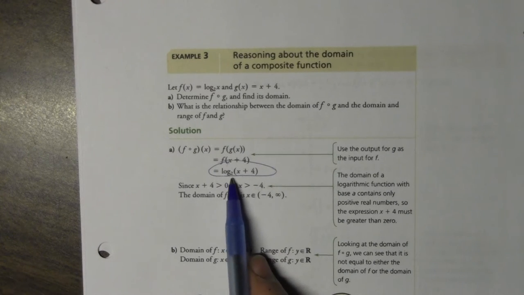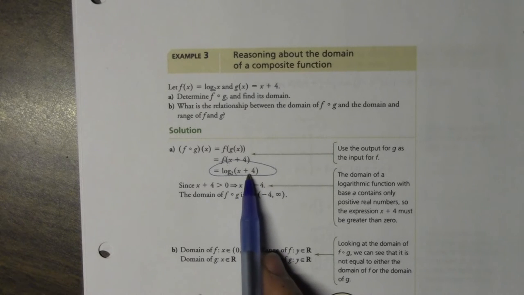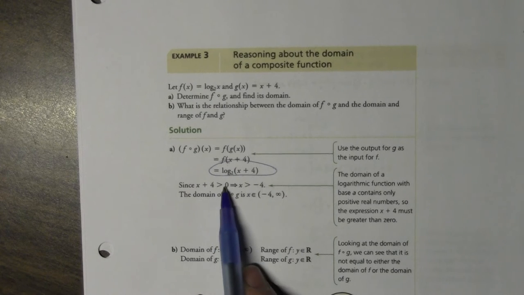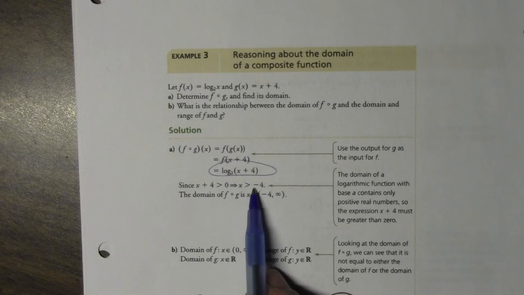You can't take the log, any base, of a negative number. We've talked about that before. It has to be positive. So therefore x plus 4 has to be greater than 0, x is greater than negative 4. So that's the domain of our composed function. Any questions there?